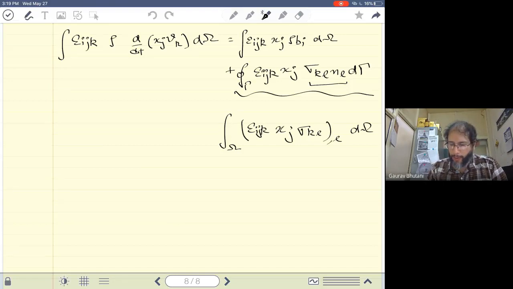Now, of course, there's no point of having a bracket with epsilon in it because epsilon does not depend on L. It's just a constant. So we have this. So that's by applying the Gauss divergence theorem.